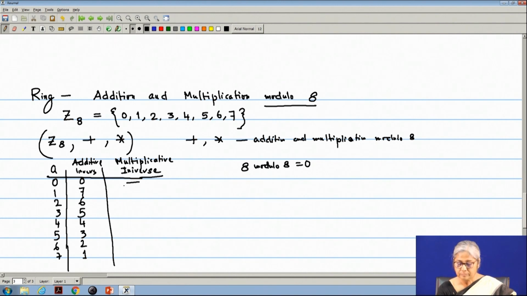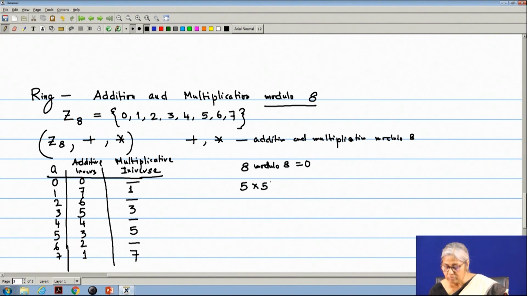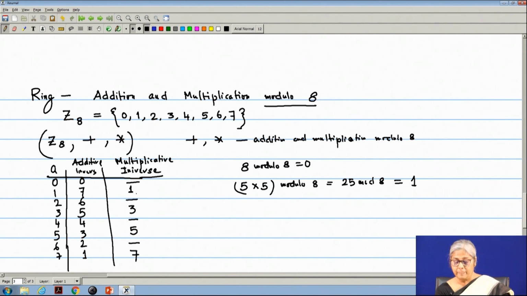For 1 we get 1, for 2 we did not get any multiplicative inverse, for 3 it is 3, for 4 we did not get one, for 5 it is 5, for 6 we did not get any inverse, for 7 it is 7. For 5, we know that 5 into 5 modulo 8 equals 25 mod 8, which equals 1, the remainder is 1. Similarly we can get it for 1 and 7.